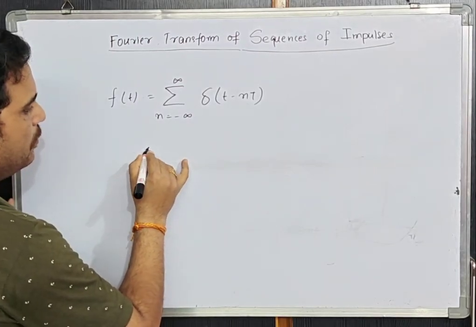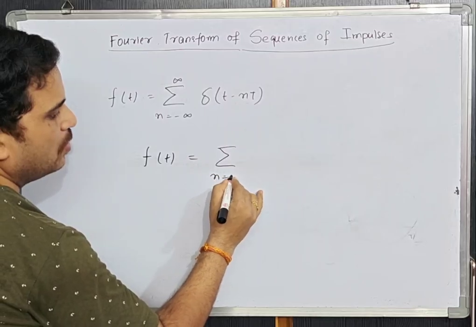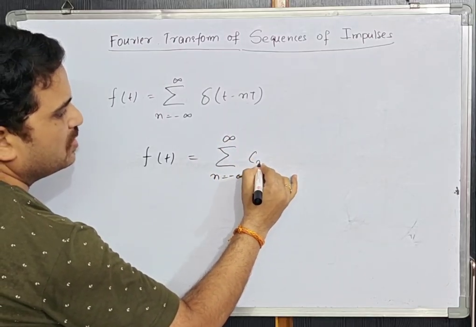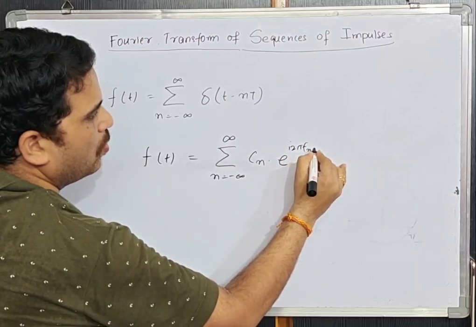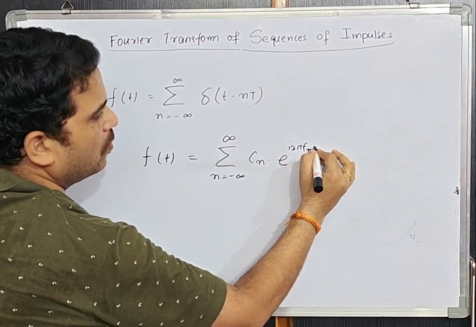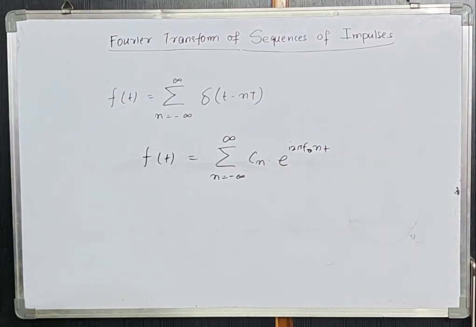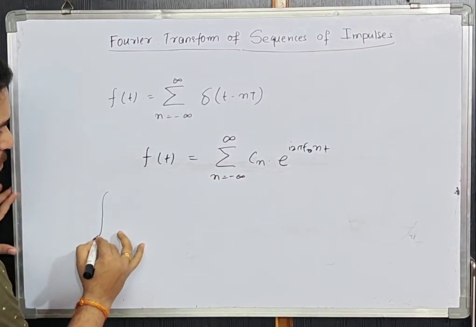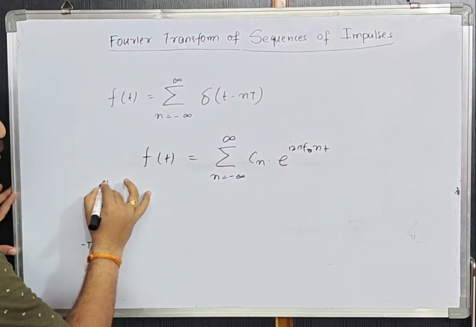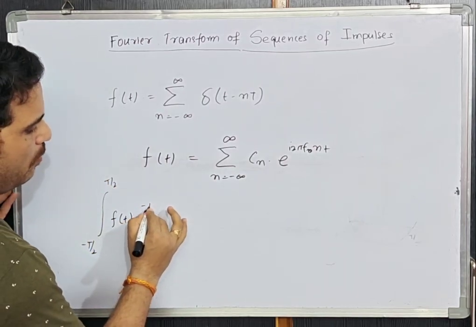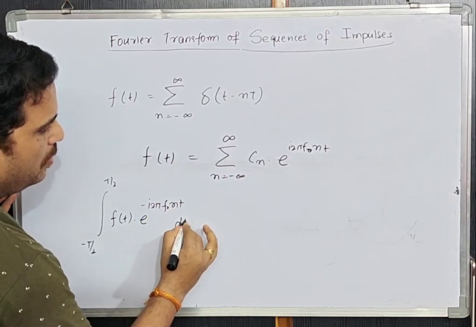Now f of t, we want to find it as the summation of complex exponentials. Now what I will do is integrate both sides from minus T by 2 to plus T by 2 after multiplying by e to the power of minus i 2 pi f naught m t, dt.